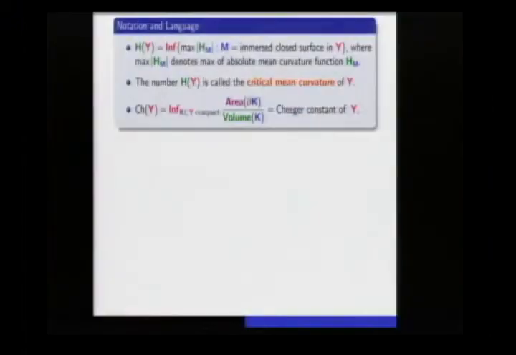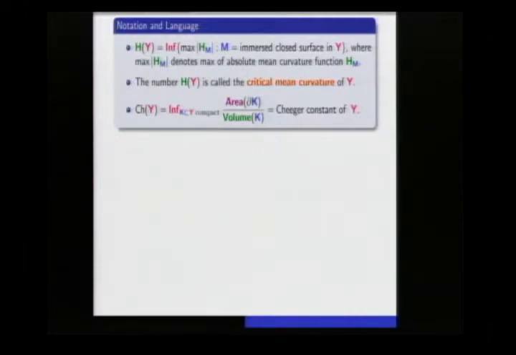Think of an oriented surface, and if you don't care about orientation, we take the absolute value of the mean curvature function. It's non-negative, so it has a maximum value. Now I take the infimum over all of these numbers, and that's called the critical mean curvature.